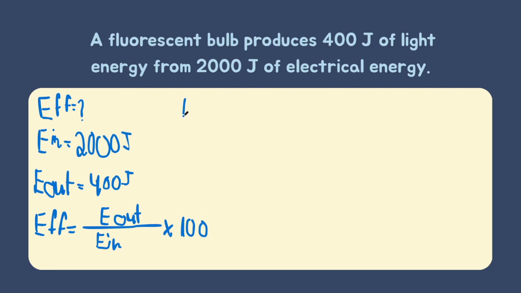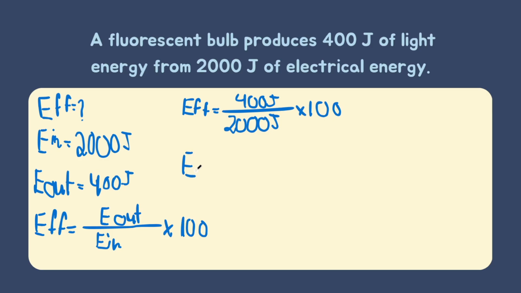So we have efficiency equals 400 joules. Make sure you always include the units. 400 joules divided by 2000 joules times 100.